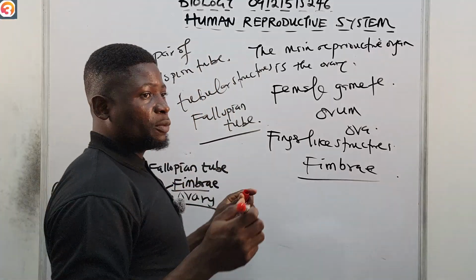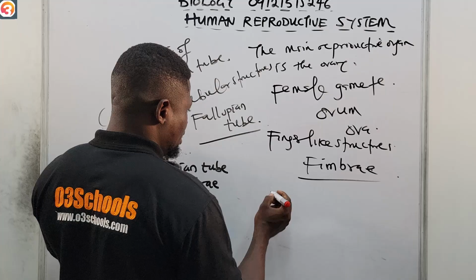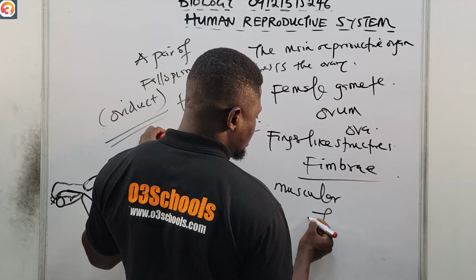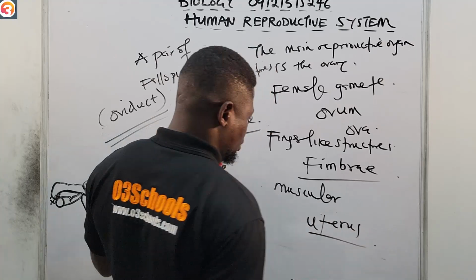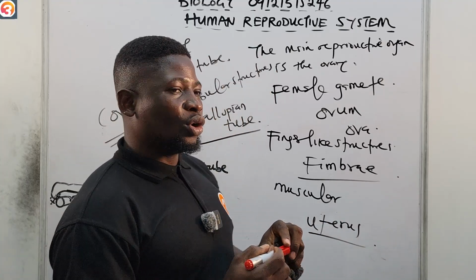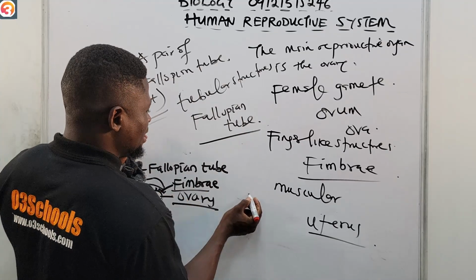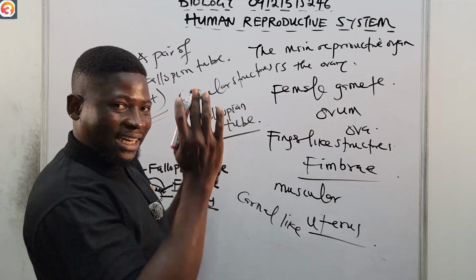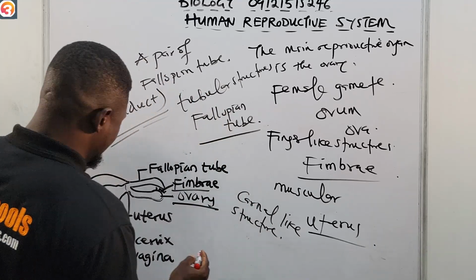From the fallopian tube we now get to a muscular organ called the uterus. Then from the uterus, we come to a canal-like structure known as the cervix.